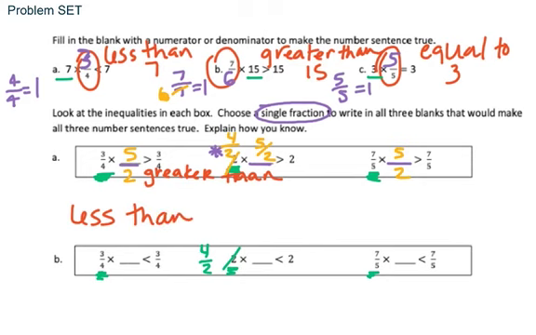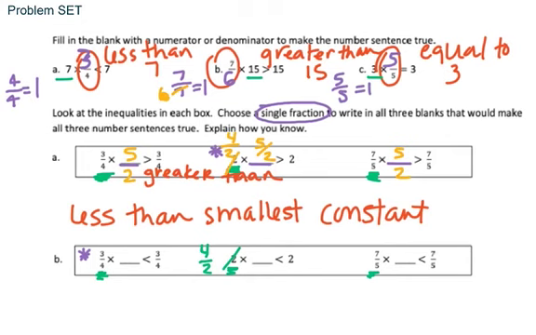And it's actually less than the smallest constant. So if 4 halves was the largest constant, then the smallest constant would be 3/4 because that's less than 1. So you're going to find a fraction to put in for all 3 that would have the product be less than the smallest constant. So go ahead, take a minute, and come on back.